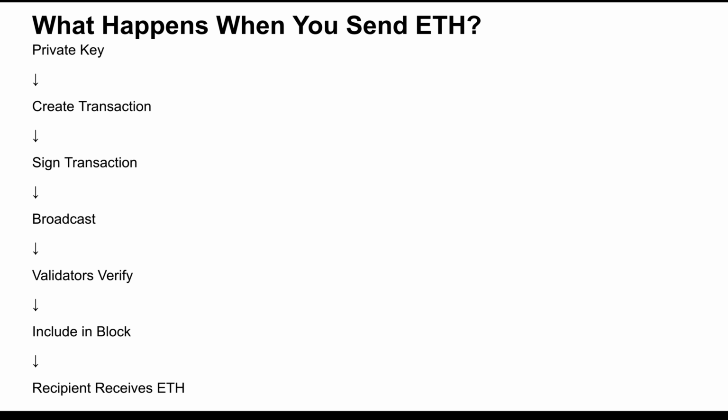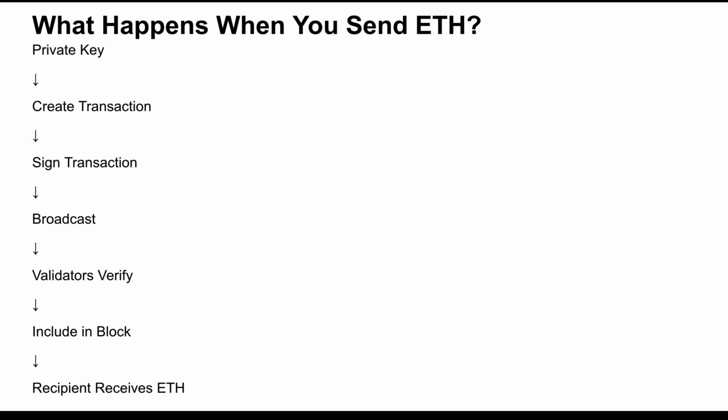So what happens when you send ETH? It's quite easy. You have your private key, you create a transaction, then you use your private key to sign the transaction, then you broadcast it, and then validators look at it. Validators, people that are interested in mining blocks in blockchain, look at that transaction and confirm that this transaction was signed by the right private key.